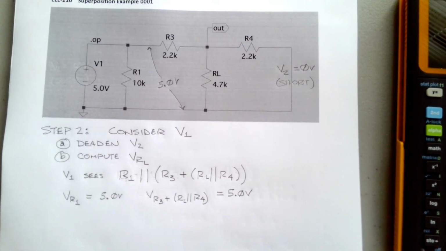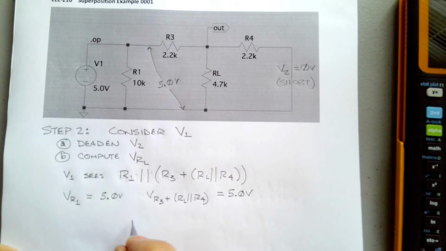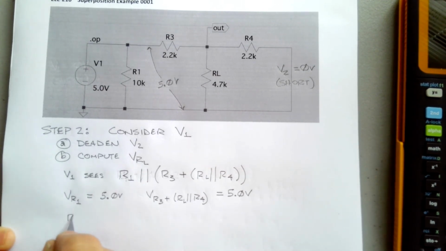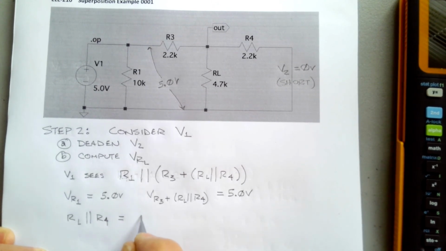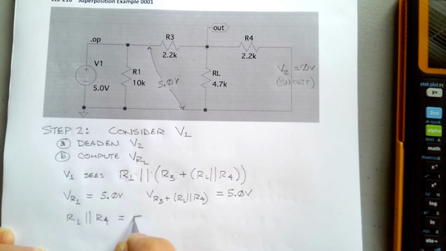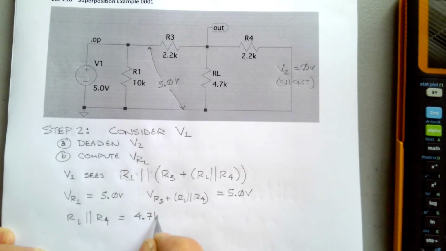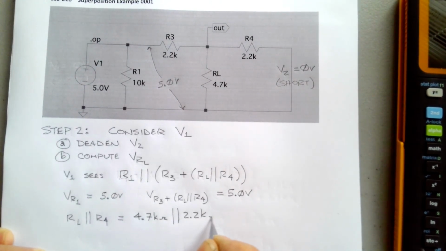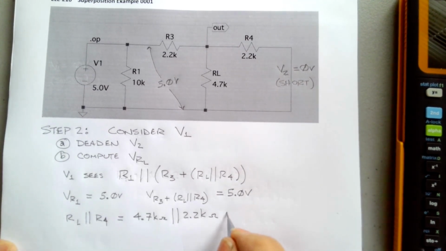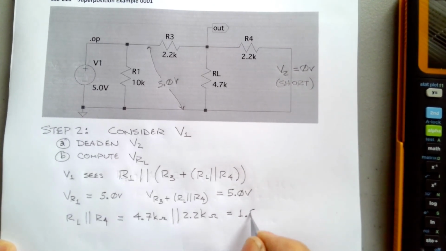So we know that RL in parallel with R4 is essentially 4.4k ohms in parallel with 2.2k ohms, and we just did that in the last problem, and it's equal to 1.5k ohms.